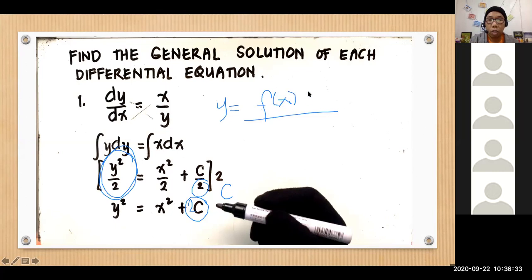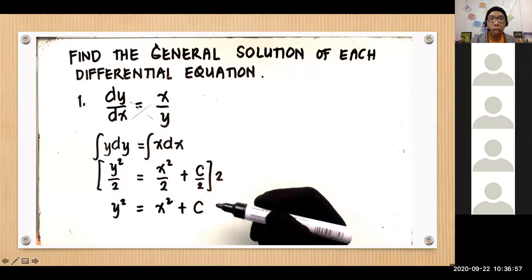Yun yung solution actually. So, plus c. Yun yung solution ng DE. Okay? Kaya ganun yung arrangement natin. Yung left-hand side, andun yung variable y. Pero kapag medyo complex na yung mismong equation, so pwedeng lahat sila nasa left-hand side tapos naka-equate sa C. Okay, clear tayo dyan.